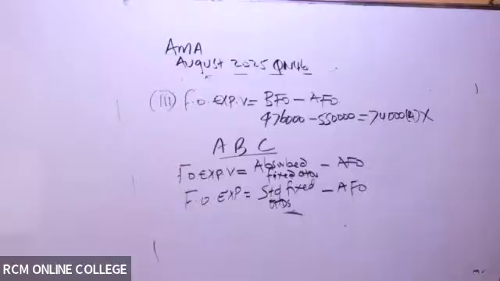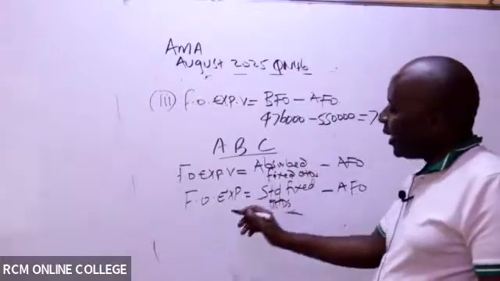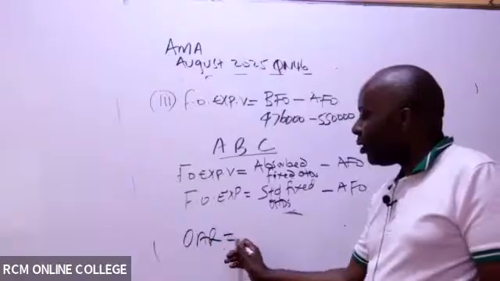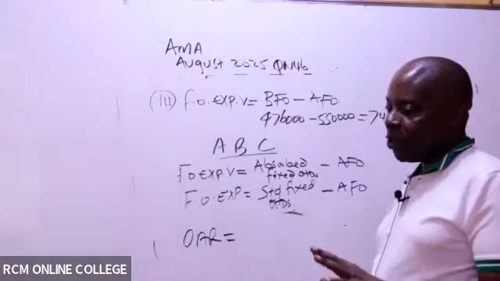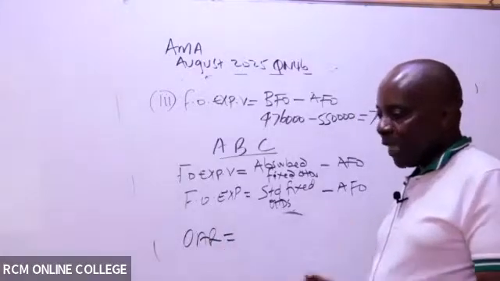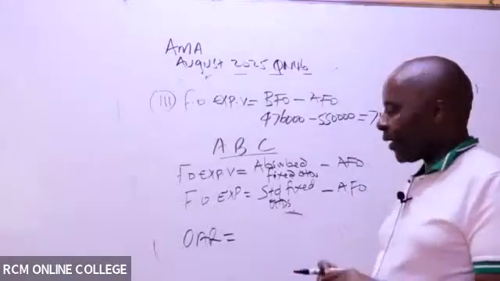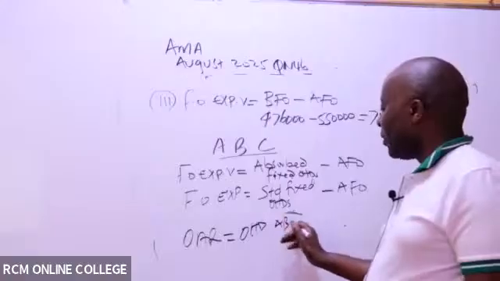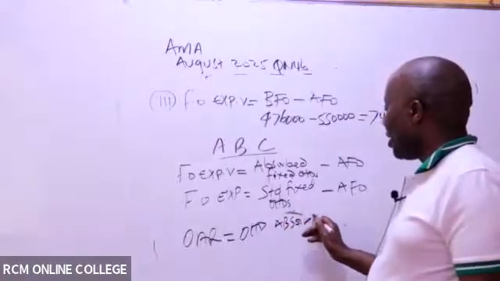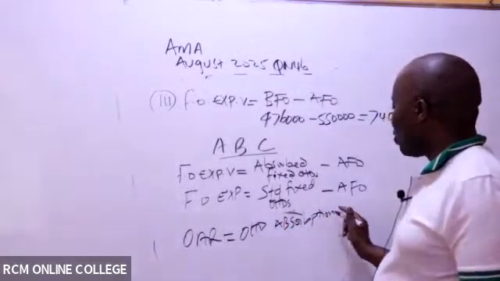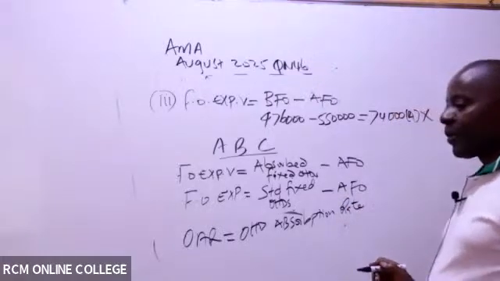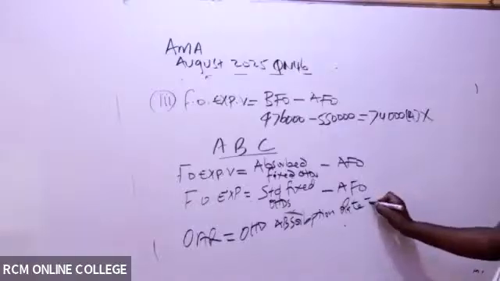For this to make sense, for purpose of absorption, let's first compute what we call OAR. Please write there, OAR stands for overhead absorption rate. How do we get it? It's budgeted overheads.